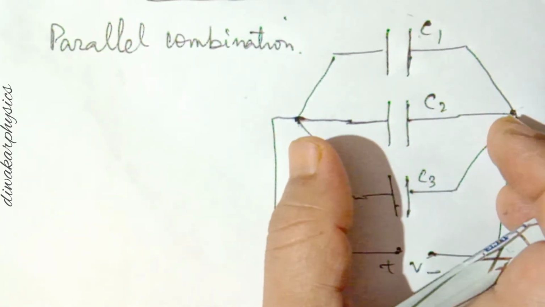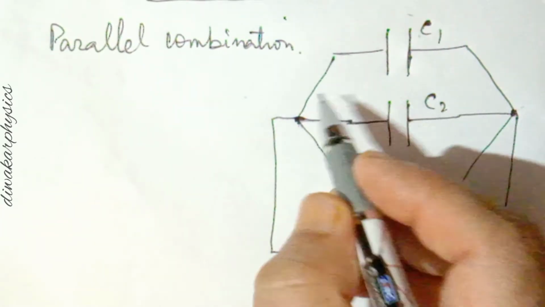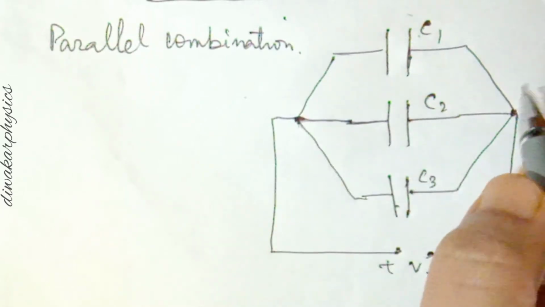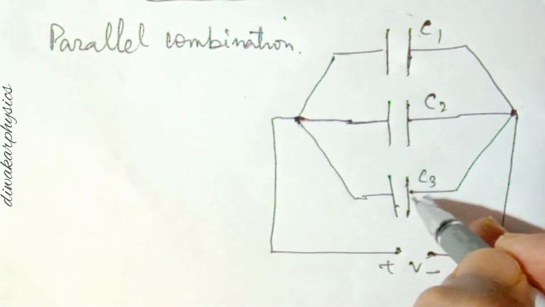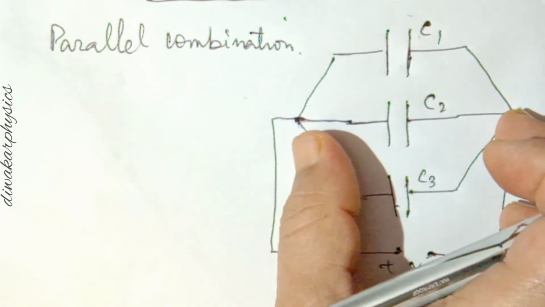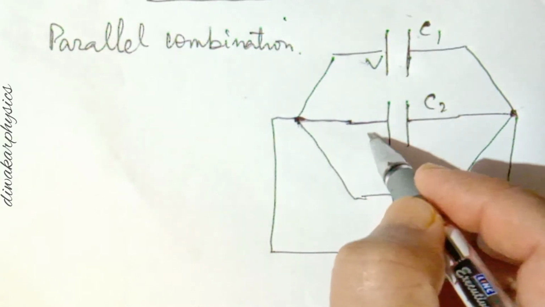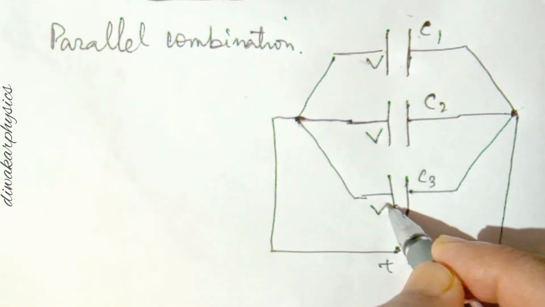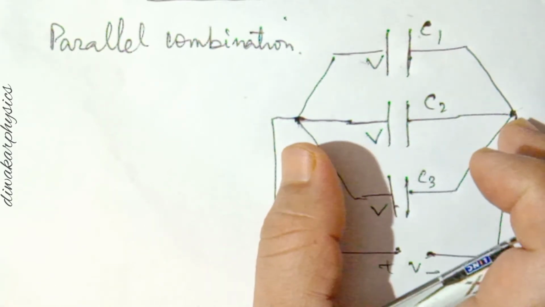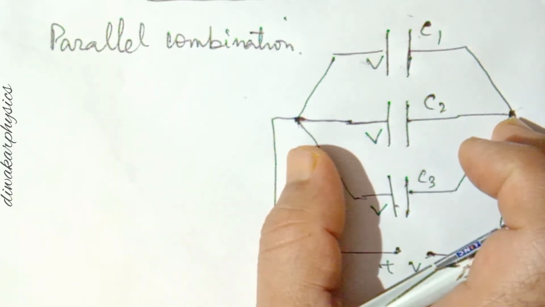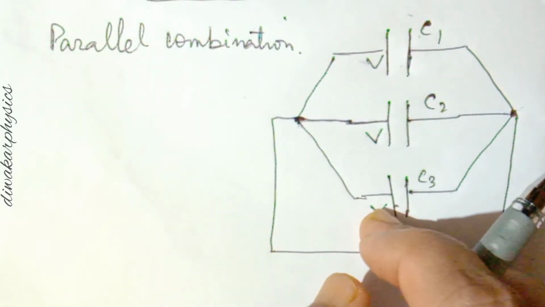Suppose it is 2 volt and this is 8 volt, then 8 minus 2 is 6 volt. So as all these are connected between 2 points, all will have the same potential difference. This is the important point, because they are connected between the same two points.